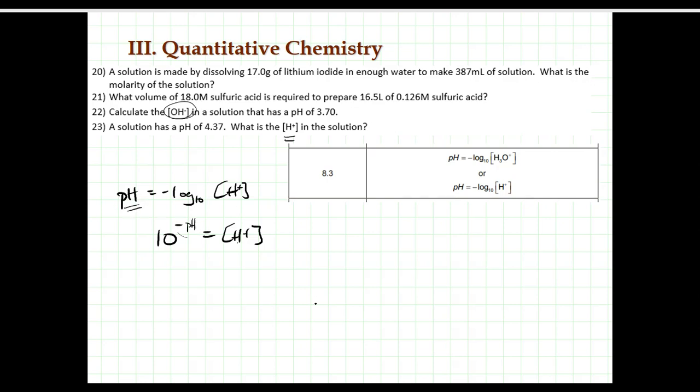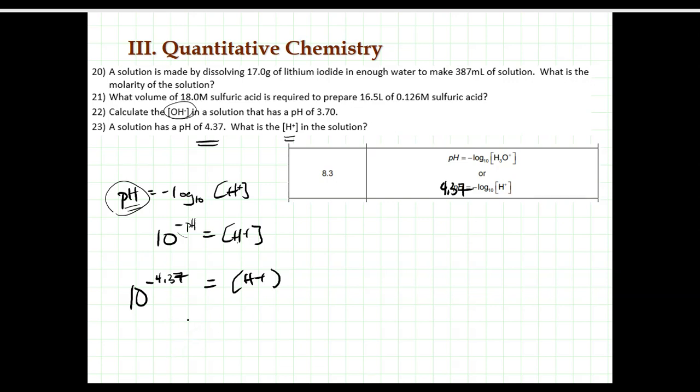Don't forget the negative. So if I have the pH of 4.37, that means that 4.37 is the negative log base 10 of the hydrogen ion concentration. So the hydrogen ion concentration is going to be equal to 10 to the negative pH, 10 to the negative 4.37.